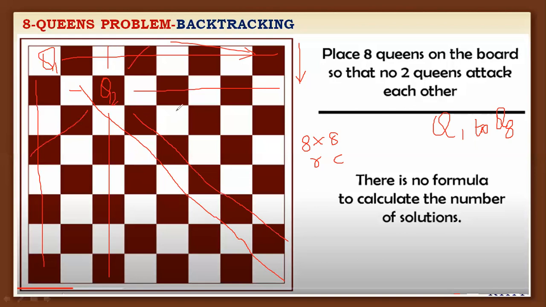Next, check whether I can place Q3 here. Yes, I am able to place Q3 here. If I place Q3 here, the same row is not possible, the same column is not possible, and the diagonal also is not possible. These are all diagonals, also not possible.